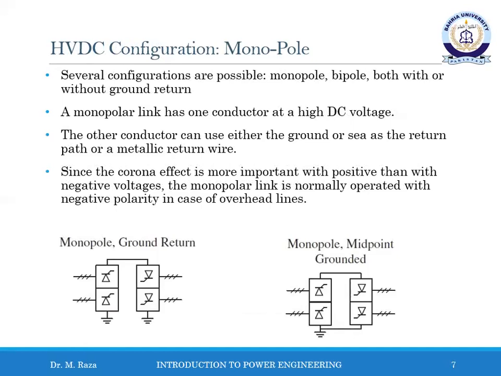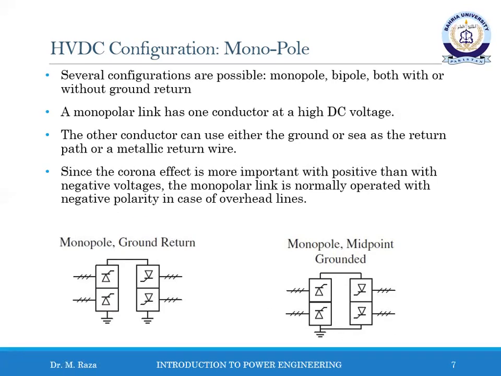The return metallic wire is used when harmonic interference and or corrosion are an issue. Since the corona effect is more important with positive than negative voltages, the monopolar link is normally operated with negative polarity in the case of an overhead line. The configuration of the monopole is shown in this diagram.